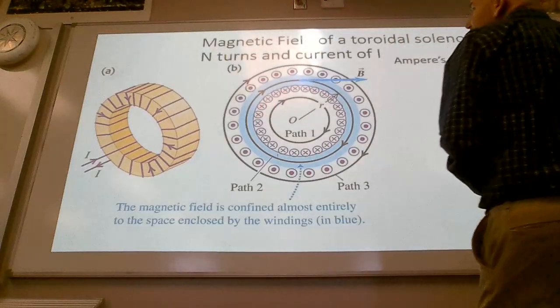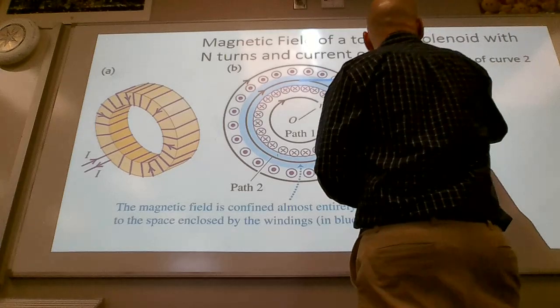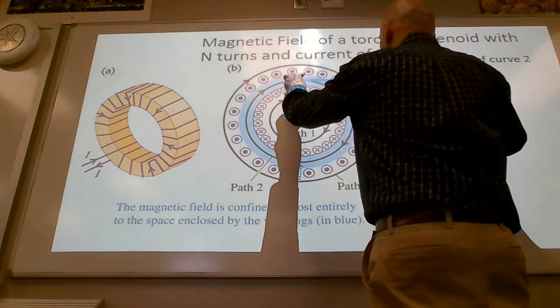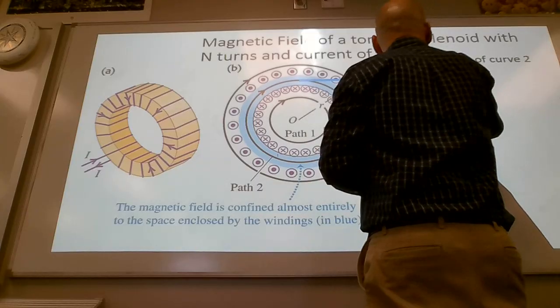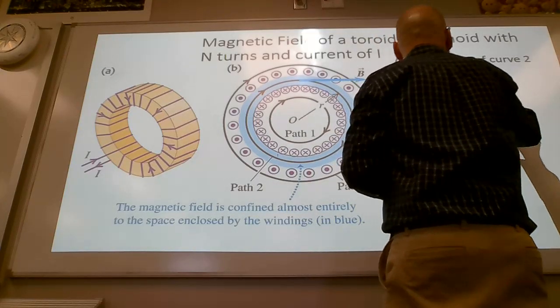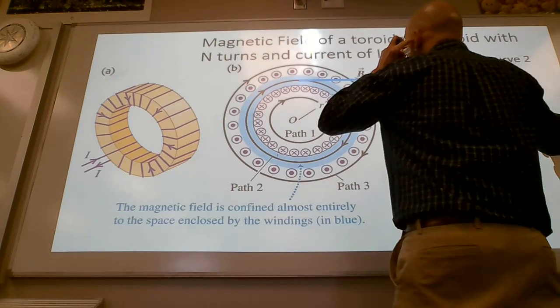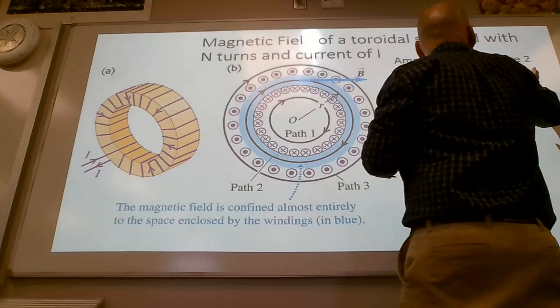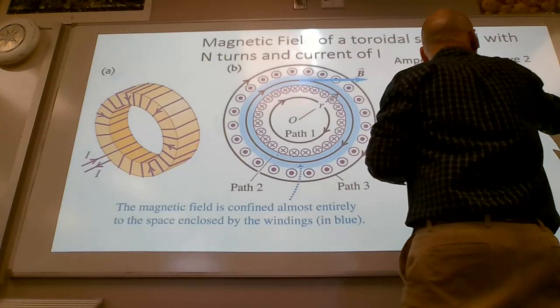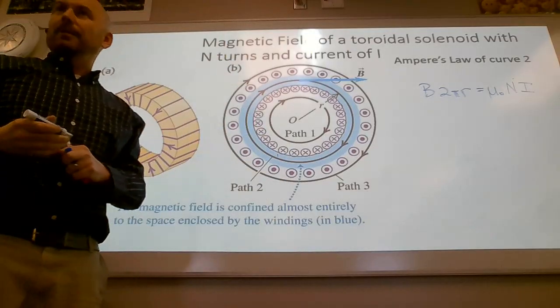So, what did I say here? With n turns and a current of that, we've got the Amperian loop. B 2 pi r is equal to n times I. You all right with that?